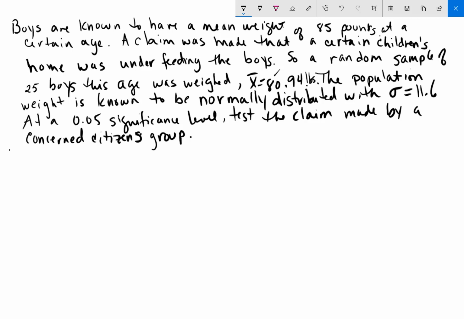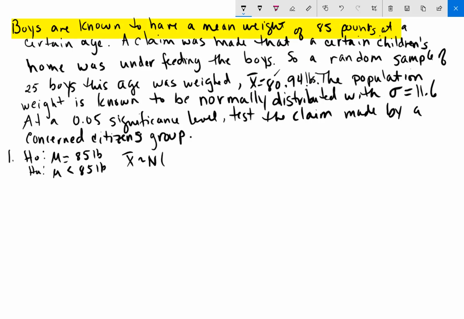So number 1, what is this claim? Well, it's believed that the weights of boys at this certain age is 85 pounds. This group believes that they're underfed. That implies that the weight they think will be less than 85 pounds. And we have this population standard deviation and sample size here, so we can actually completely state the null hypothesis. We know it's normally distributed because they said that the weights are usually normally distributed.